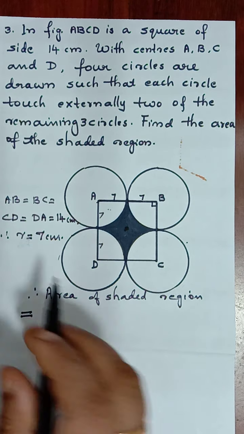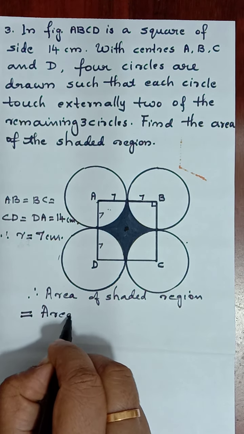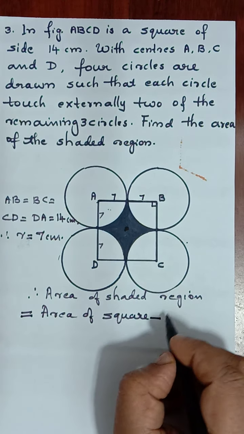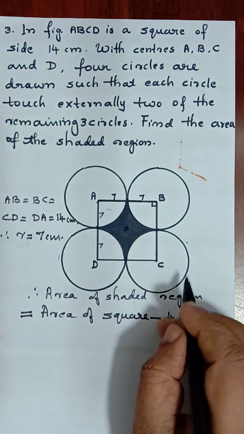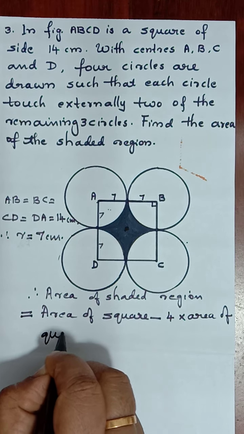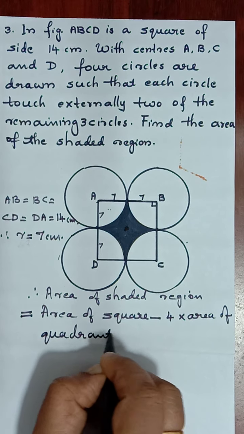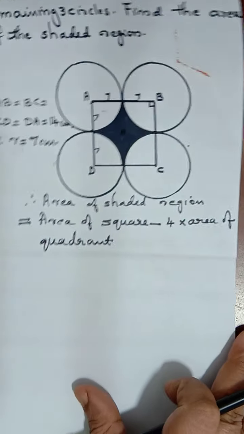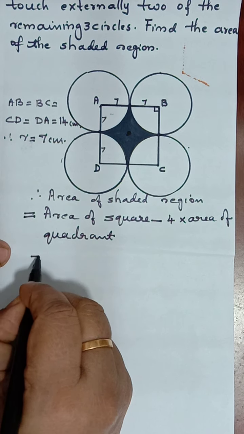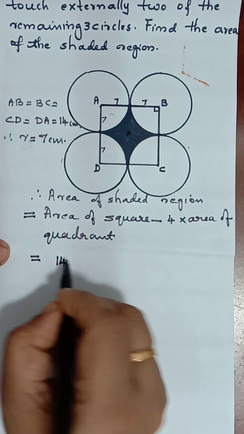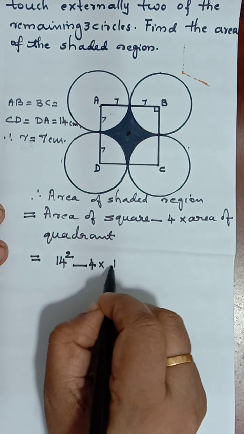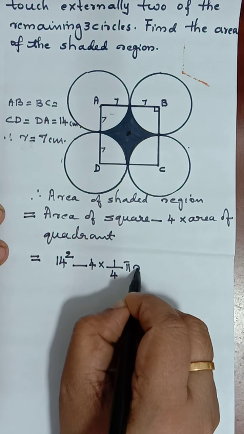Area of the shaded region equal to area of square minus 4 into area of quadrant. So let us substitute the values and get the answer. That's equal to area of the square. Square is having side 14. So 14 square minus 4 into quadrant area 1 by 4 pi r square.